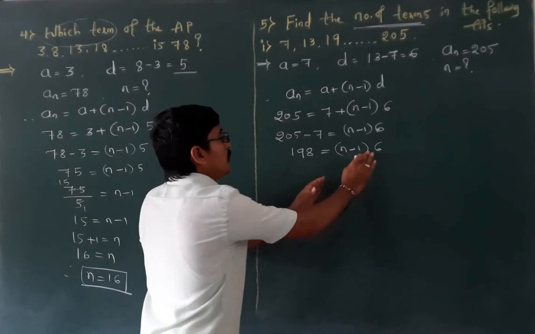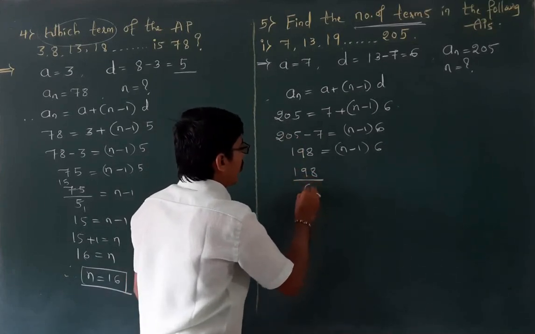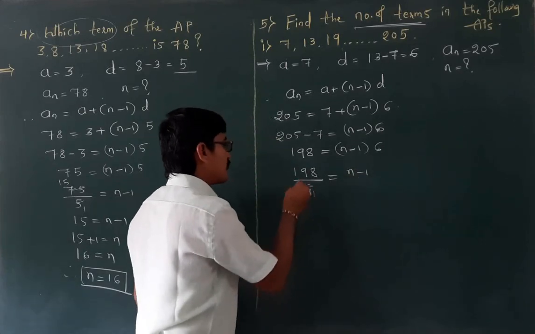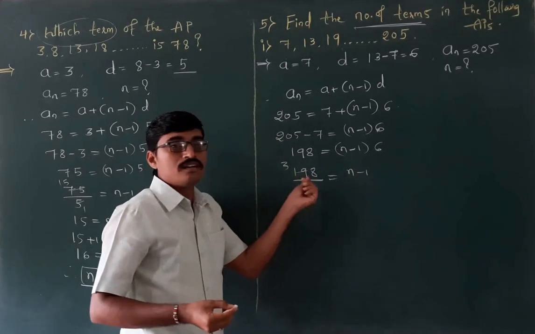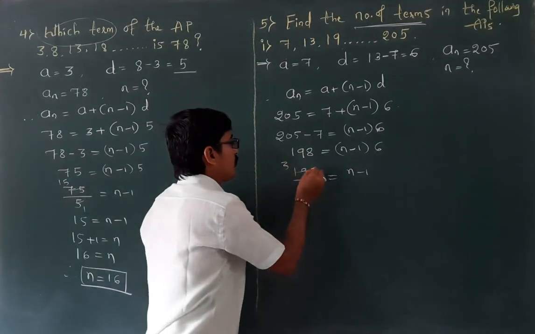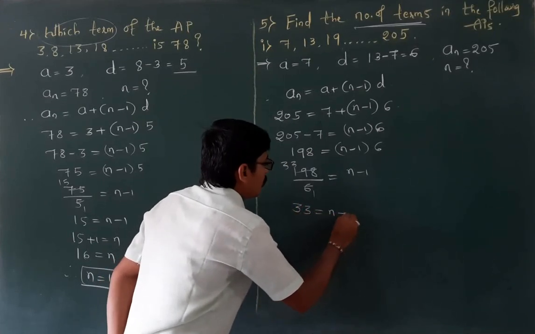So now it is multiplication, it becomes division. 198 divided by 6 is equal to n minus 1. So 6 ones are 6, 6 threes are 18. 1 remains. 198, 18. Again 6 threes are 18. So you will get 33 is equal to n minus 1.